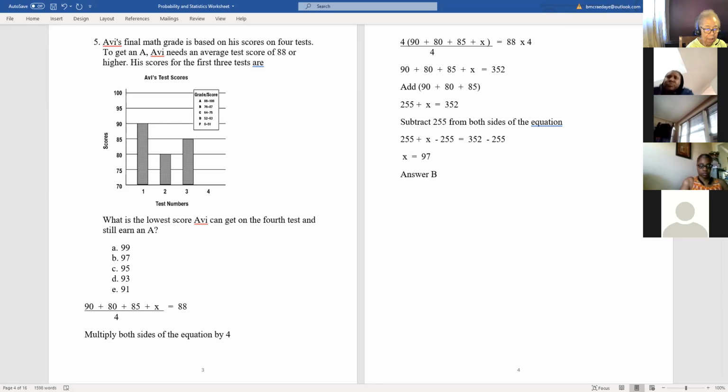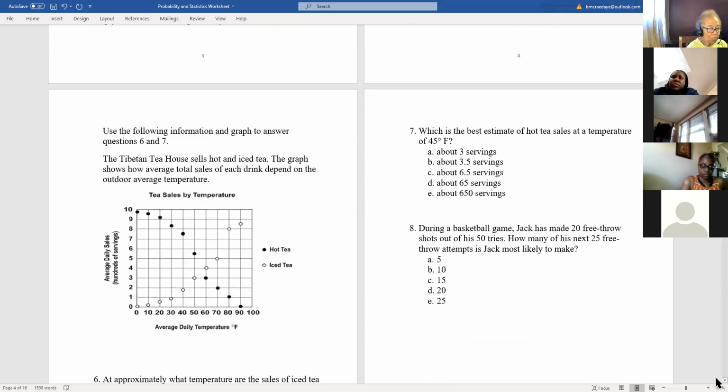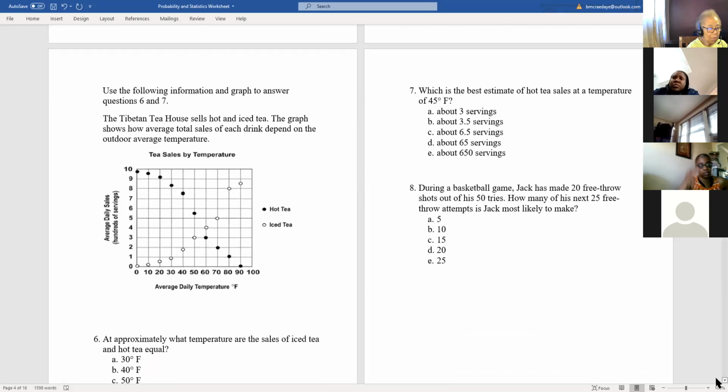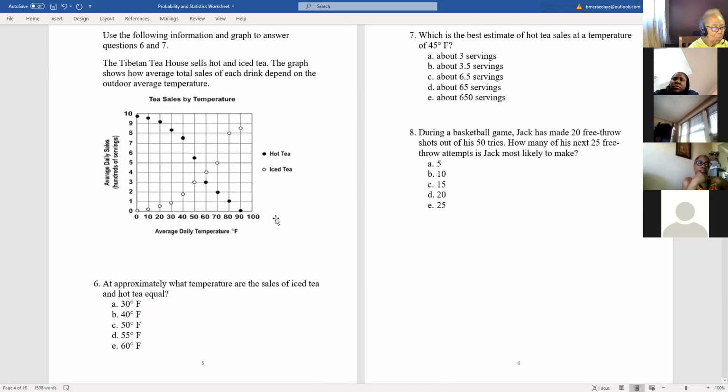You used a graph. I think that was the hot tea and the cold tea, right? So number 6. Now, when you look on this graph, at what temperature are the sales of the iced tea and hot tea equal? Okay, the sales are over here. The temperature is here.